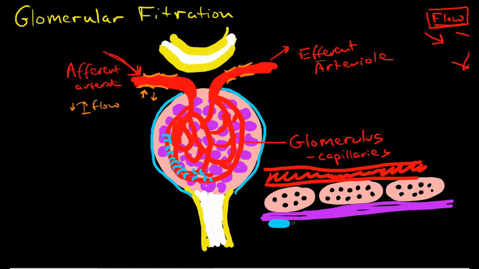They fit together very tightly, and they overlap each other. Because they're relatively tight fitting, but there are spaces in between them, you end up with little slit pores.